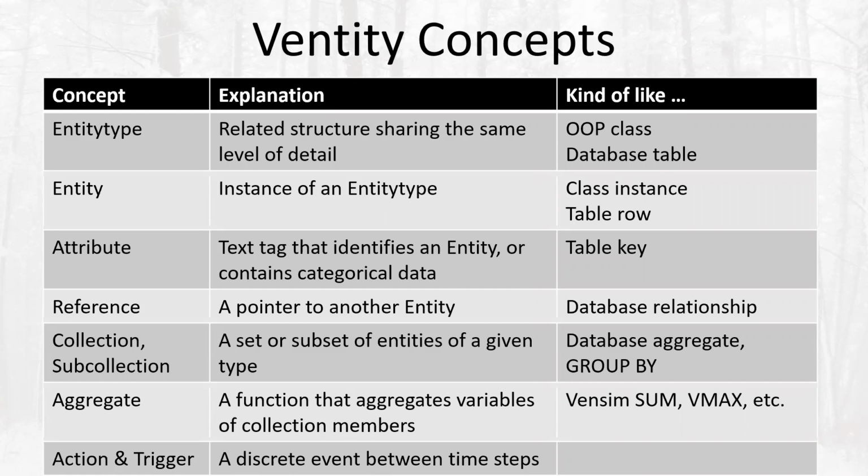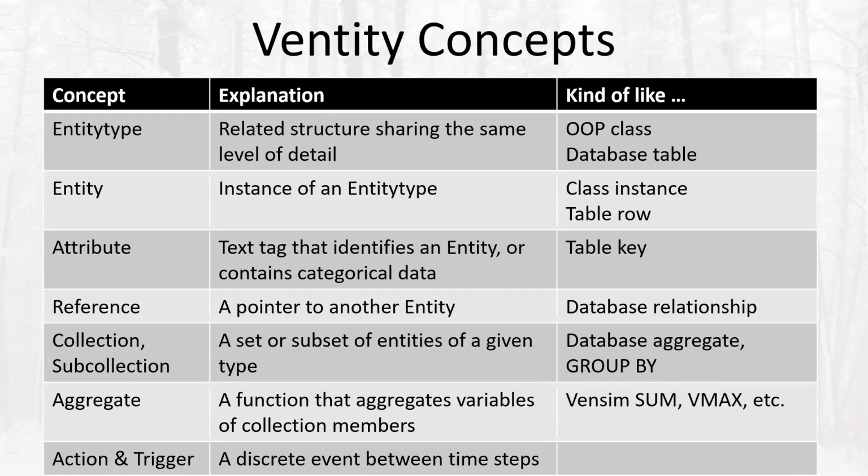In a database, you need some way to distinguish or identify all those rows. And in Ventity, the analogy for that is attributes. So attributes are basically just text tags that identify an entity so that you can sort of refer to them by name and get information from other entities in the model. That's the equivalent of a key to a table in a database.